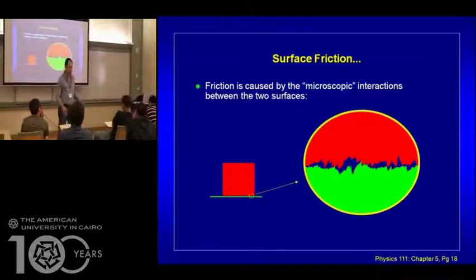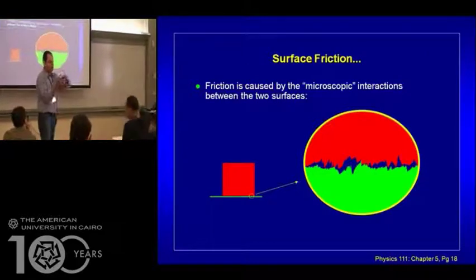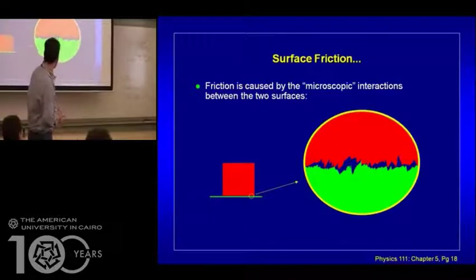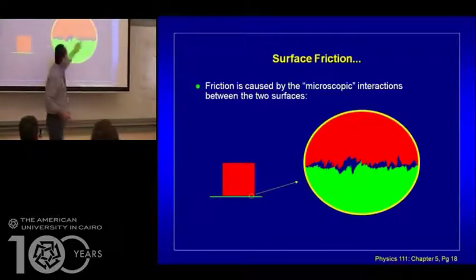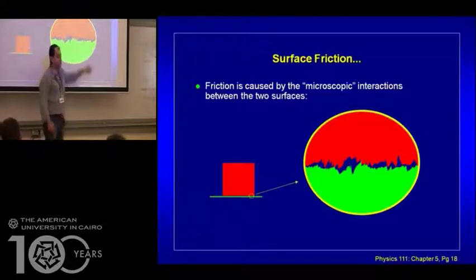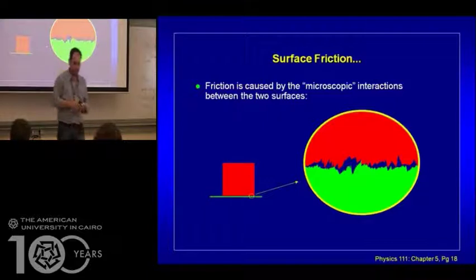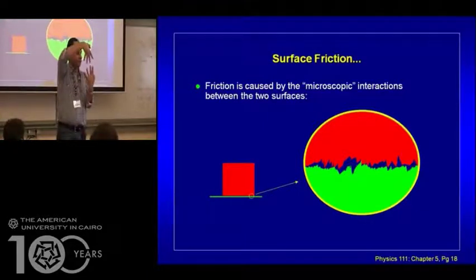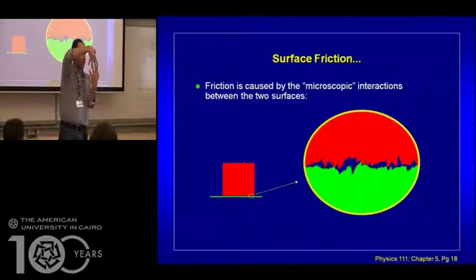If you look at that surface under the microscope, you will not see it as smooth as you see it now. They are rough surfaces, and the hill in one of them gets into the valley in the other one.